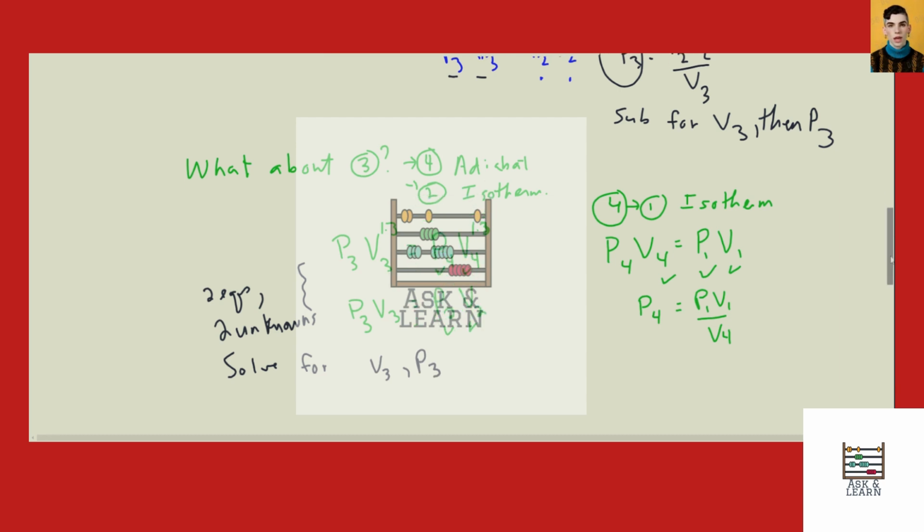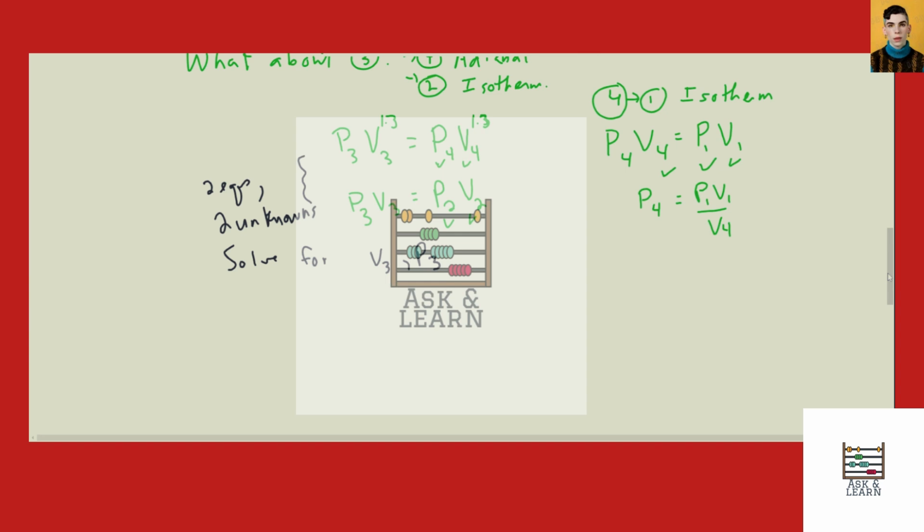Well, I would probably take the bottom relationship and solve it for pressure 3, and put that back into the top equation. Yeah, 1.3 is the exponent.